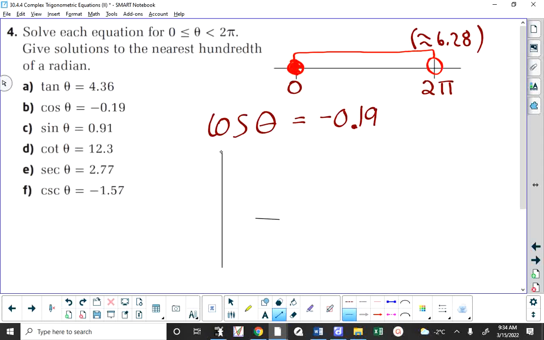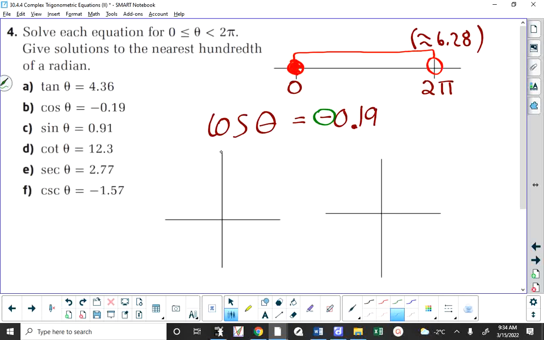We're talking here about quadrants where the cosine is negative, and since cosine is x over r, it's wherever x is negative, which is to the left of the y-axis. We're talking about quadrant 2 and quadrant 3. Look, I didn't write down, was it 1.37 reference?